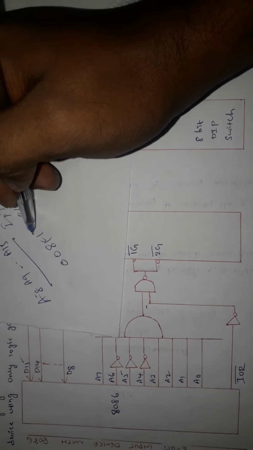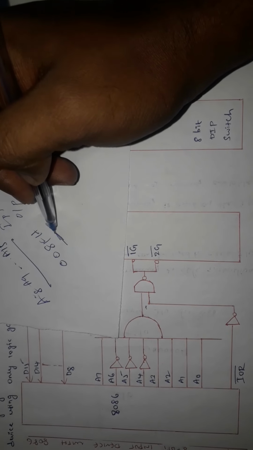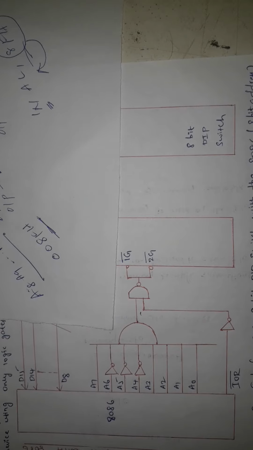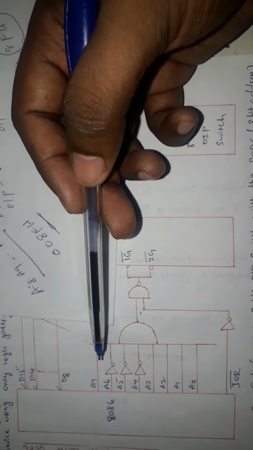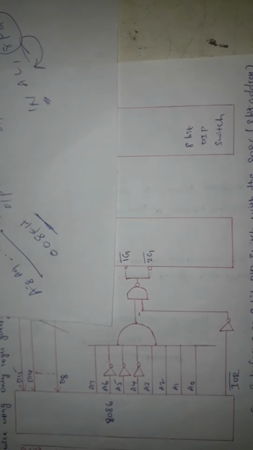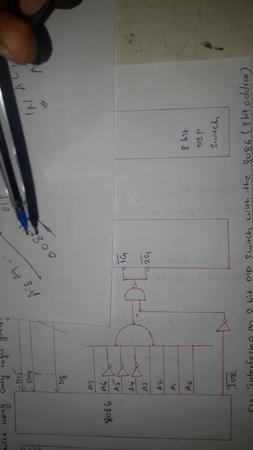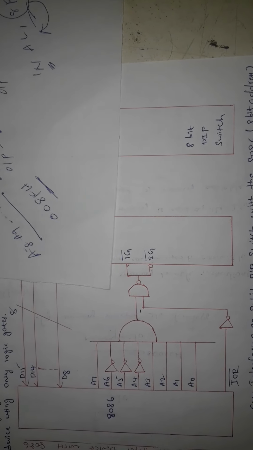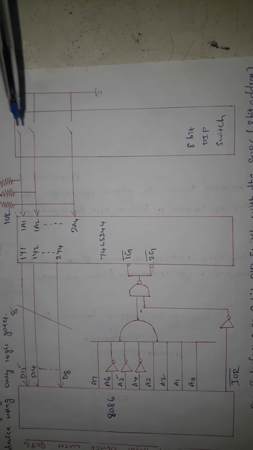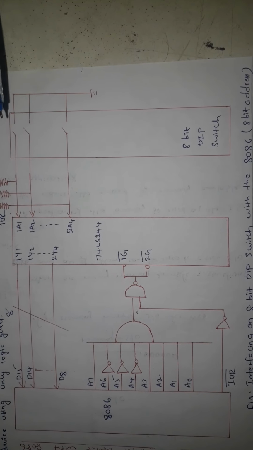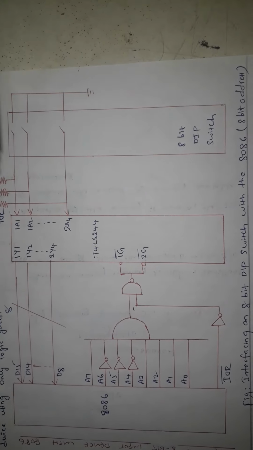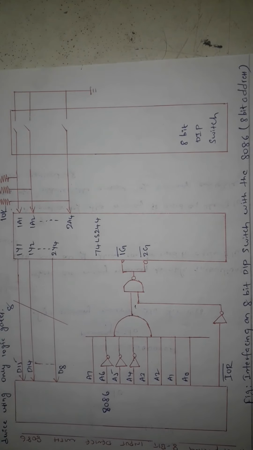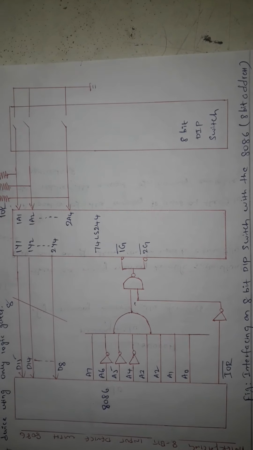For example, you can write 008FH, which is a 16-bit address. So you can have the 16 address lines here to provide a 16-bit address like 008FH to the 8-bit input device.